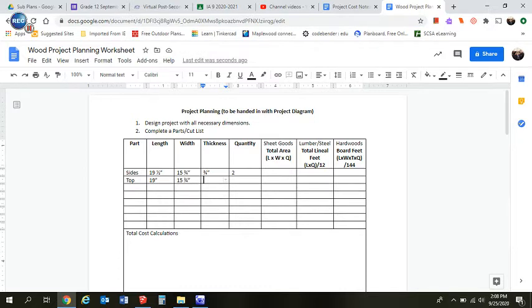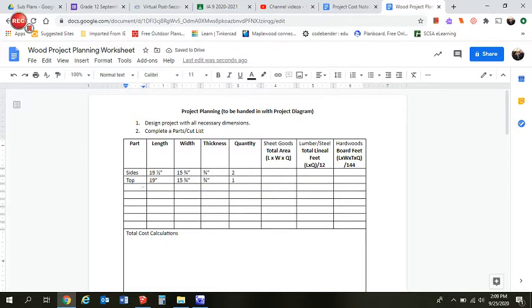If I had another piece here that was maybe 10 inches long and 15 3/4 inches wide, well, normally we say to put the longer measurement in the length, but if you're seeing a pattern here, it's nice and neat to have it all in one column, and then that's a reminder that when you're cutting your material, it's good to plan your cuts, make the most out of the use of the wood. Then we know that, hey, we can cut a big 15 3/4 inch strip first, and then we're going to cut our lengths off of that. Okay, so same thing again, we're going to do 3/4 of an inch thick, and how many tops do we have? We only have 1.